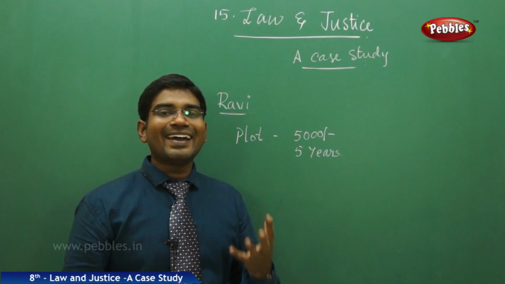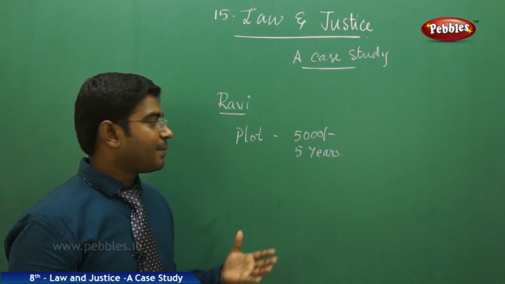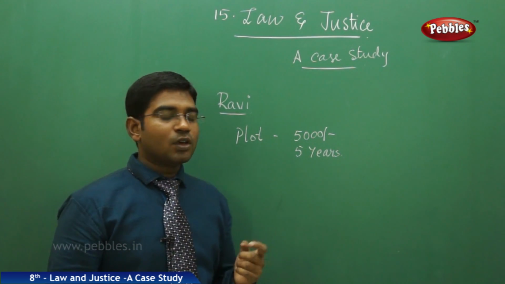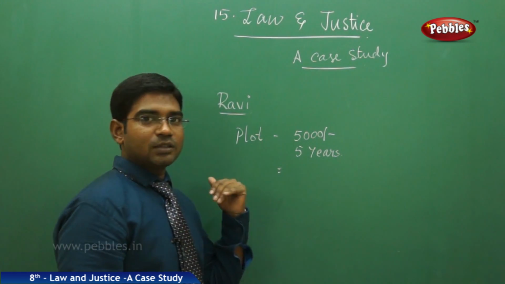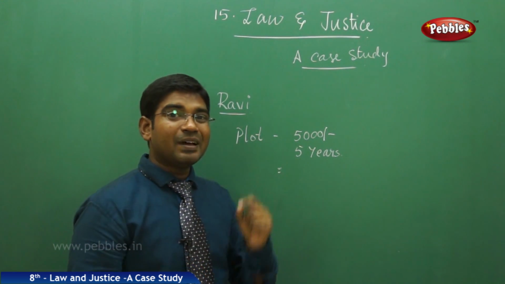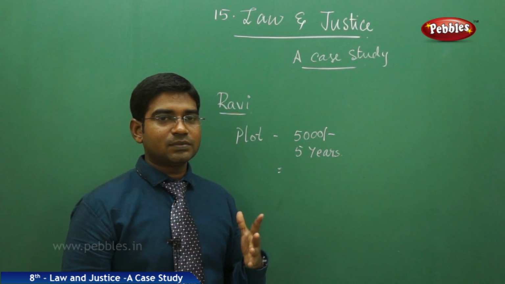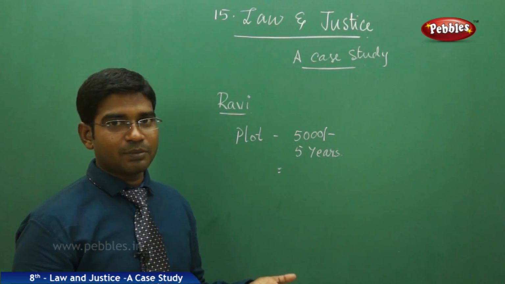Instead of paying the entire amount at the same time, he can pay in small installments and get his work done. So in this process, let us calculate the amount he is supposed to pay. For 5 years, how many months do we have? We have 60 months. 5 into 12, 5 twos are 10, 60 months.